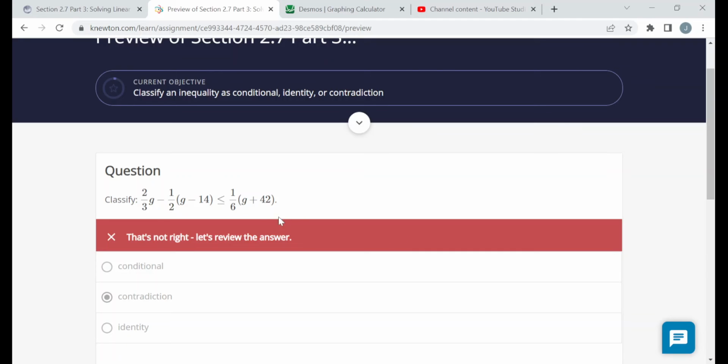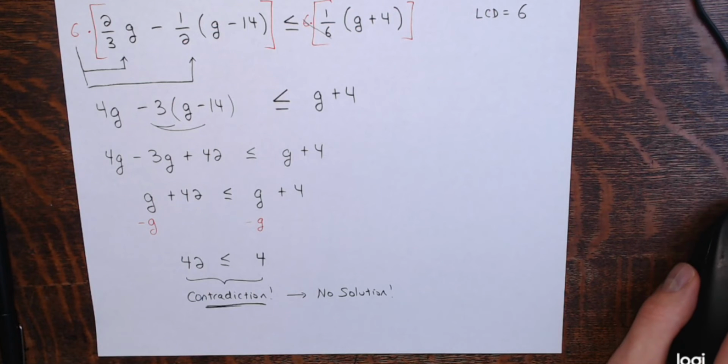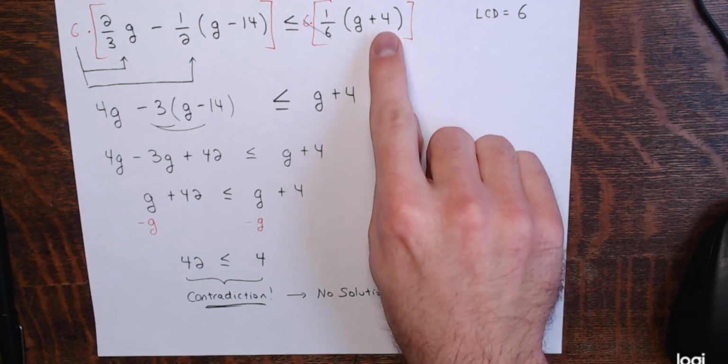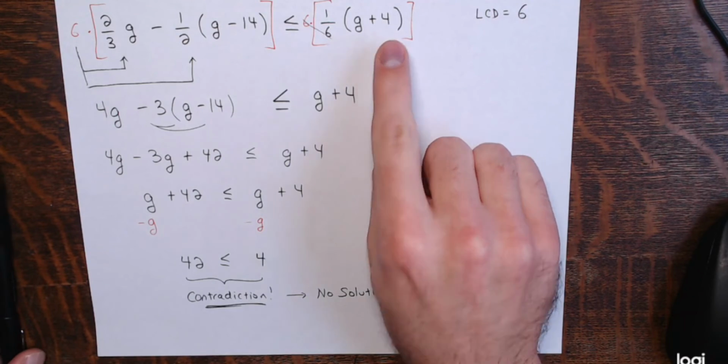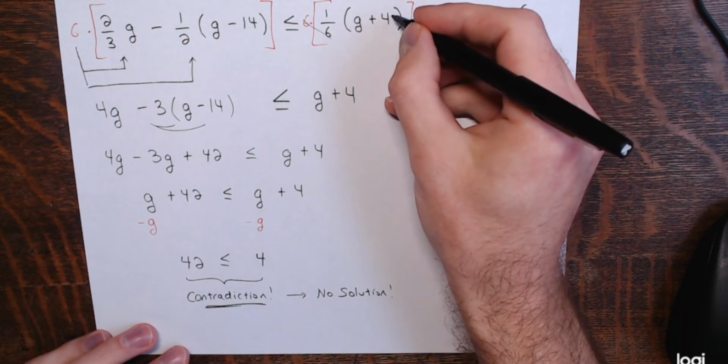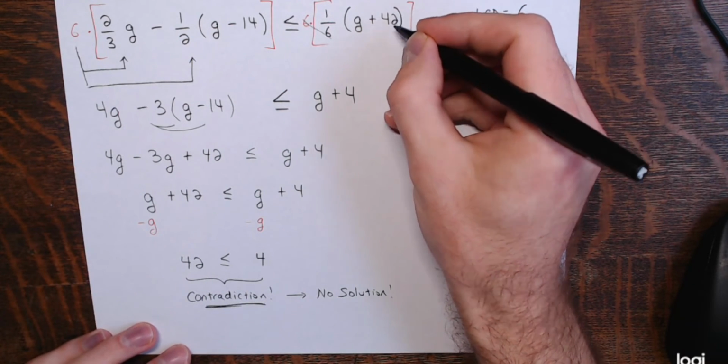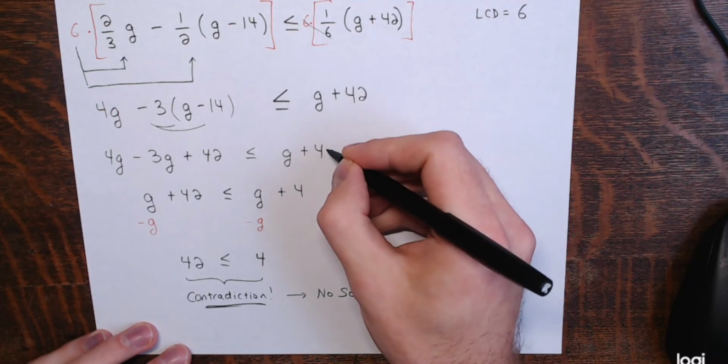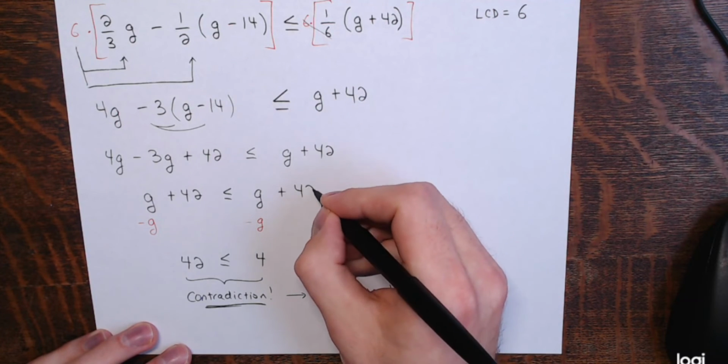I wrote the problem incorrectly. My apologies. See what they had, the quantity g plus 42. I wrote the quantity g plus 4. Oh my goodness. That should have been a 42, which would have made this a 42, which would have made this a 42, and this a 42.